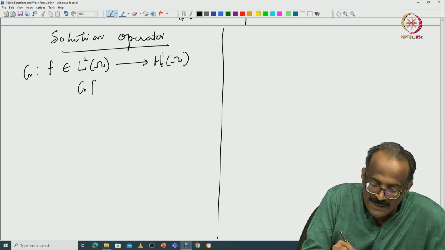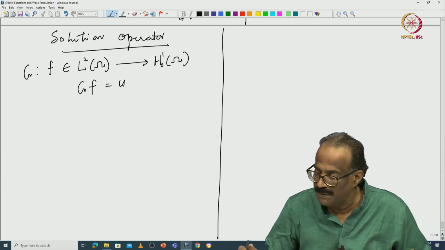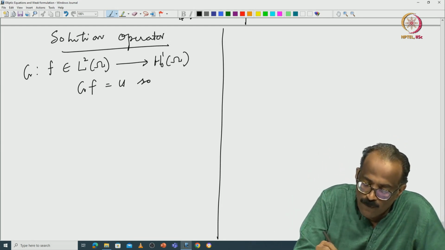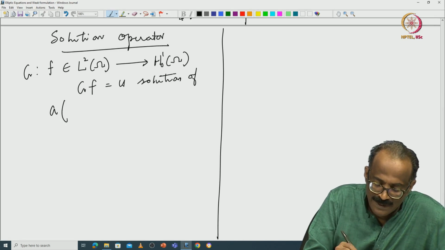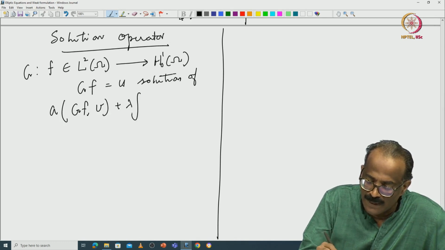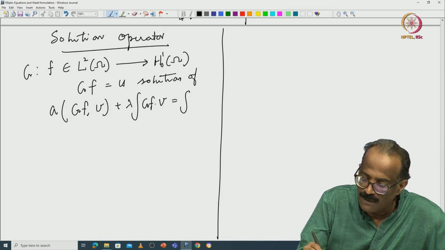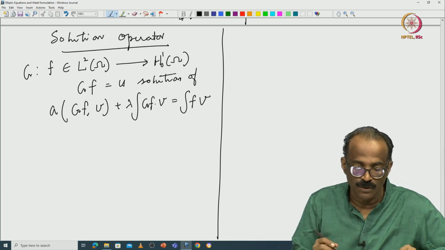Gf is equal to u, the solution of A(Gf, v) plus lambda integral of Gf v equal to integral of fv. So, that is what you get, a solution operator.